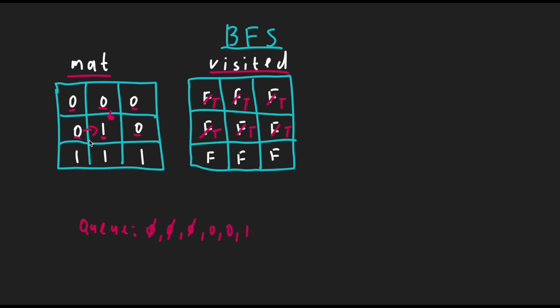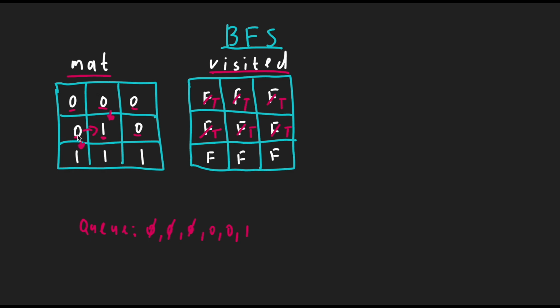We can visit the one on the right again and the one that is below, right? The one on the right we are not visiting because it's already marked as true. The one that is below, so what is the value of that? We are visiting from this cell, so we are coming from this cell.